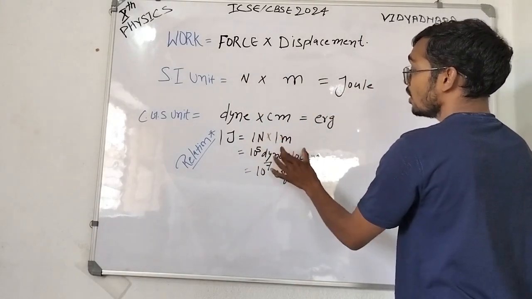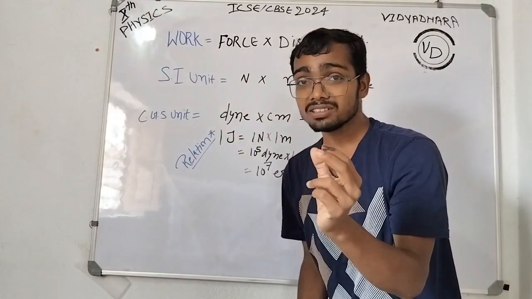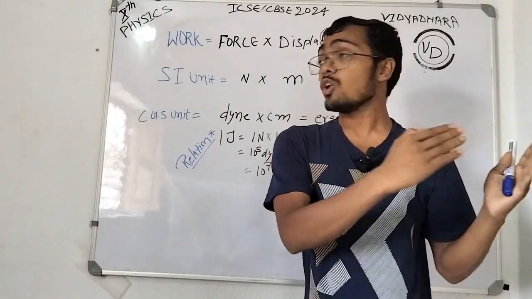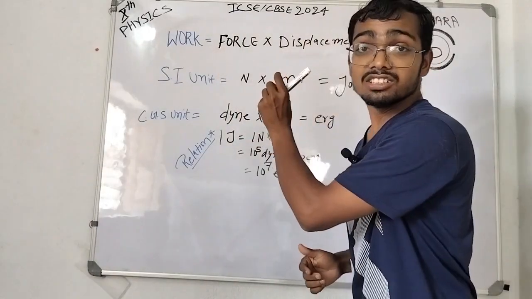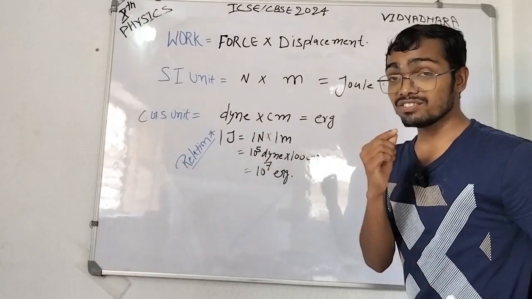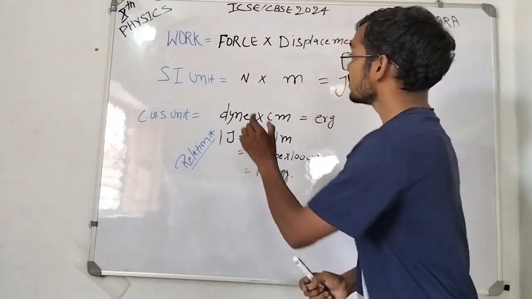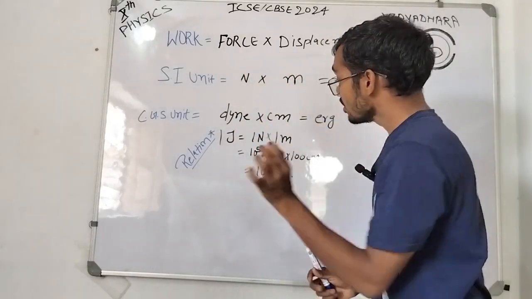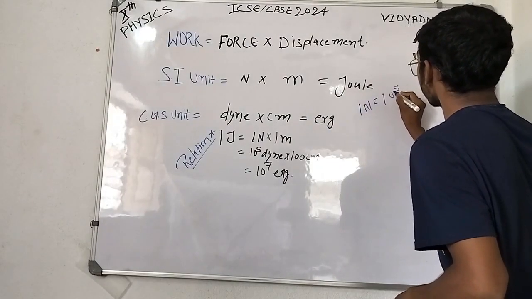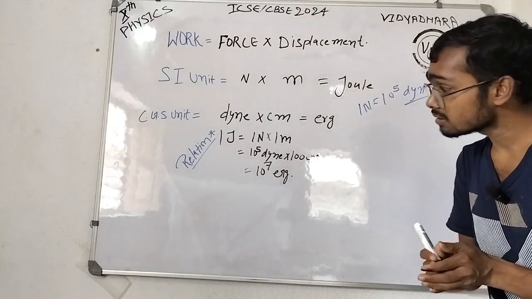So 1 Newton meter. 1 Newton in dyne is equal to what? If you don't know, go to my previous lecture on force on my YouTube channel, where you will get 1 Newton is equal to 10 to the power 5 dyne. You must remember this.